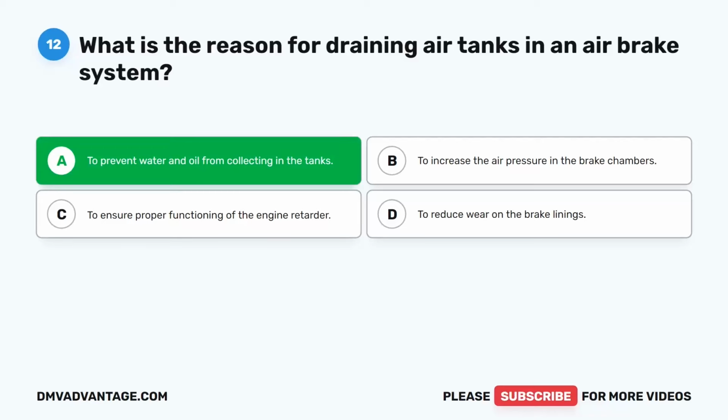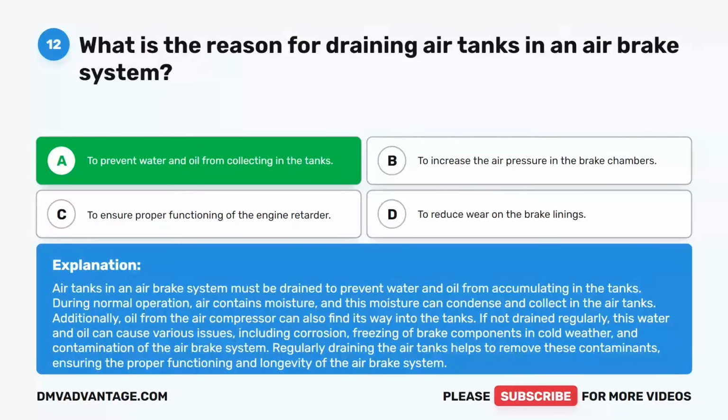To prevent water and oil from collecting in the tanks. Air tanks in an air brake system must be drained to prevent water and oil from accumulating in the tanks. During normal operation, air contains moisture, and this moisture can condense and collect in the air tanks. Additionally, oil from the air compressor can also find its way into the tanks.